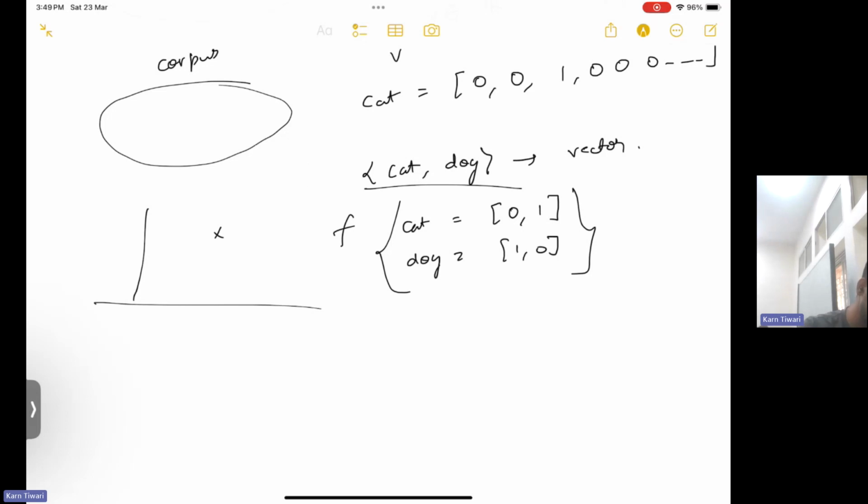In 2D, they should be very nearby. And a car or a truck should be far apart from cat and dog, because car and truck are vehicles, and cat and dog are animals. Otherwise this conversion will also work fine, but it does not capture the semantic meanings which we want our representation to have.